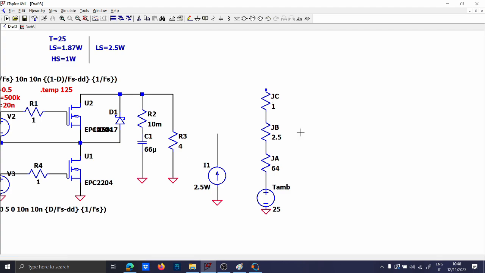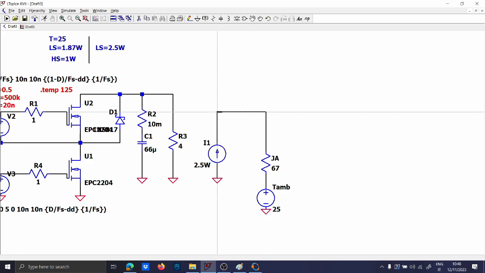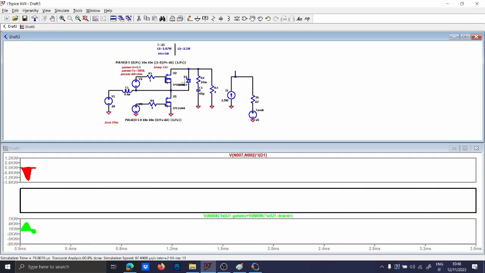I think that we can even, if we just want to know in an even simpler way, neglect this partition here and just put 67. And read the temperature here, because it is the same.